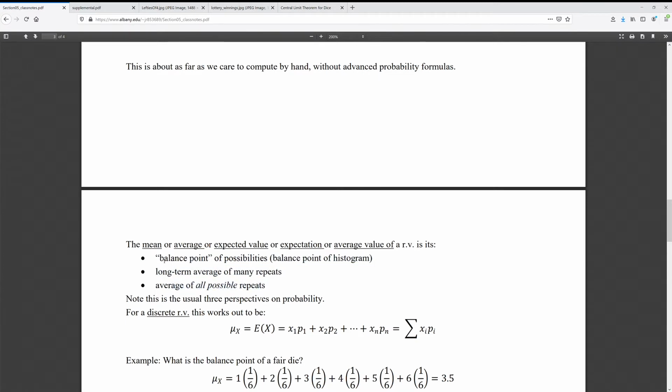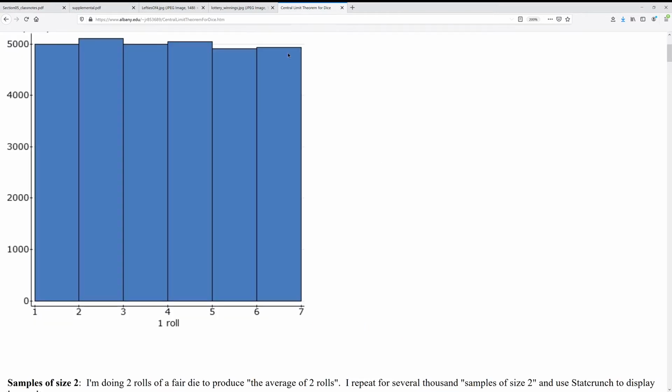We've always got the same three perspectives with probability: the balance point of possibilities with respect to what's going to happen if you do it next, the long-term average of many repeats, we'll talk about that, the average of all possible repeats. So the obvious 3.5 for that die example, you can think of it as the balance point of a fair die, conceptually speaking, in terms of what it's likely to be if I roll it.